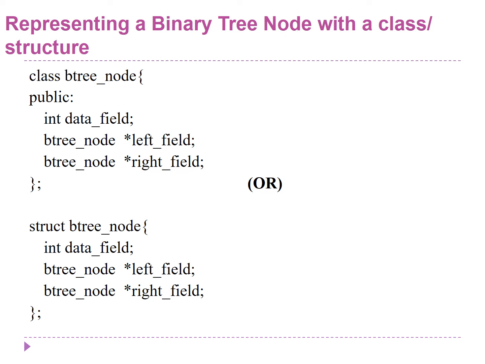The C++ class or the structure which represents the binary tree node consists of variables that hold the data value of the binary tree node, a left pointer to the left child and a right pointer to the right child, which are of the same data type as the binary tree node.